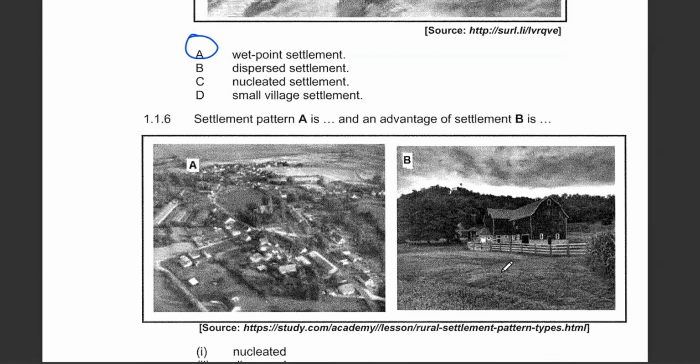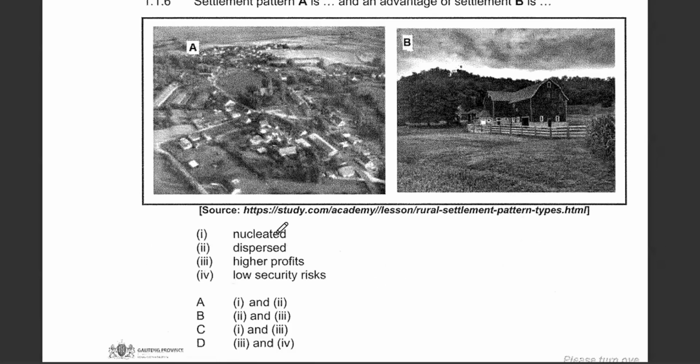And if we look at B, it's an isolated farmstead or a dispersed farmstead. So we want to identify the pattern at A. We only have two patterns, nucleated or dispersed. So this one is nucleated for the sake that the houses are close to each other. From what we are seeing there, it's a nucleated settlement.